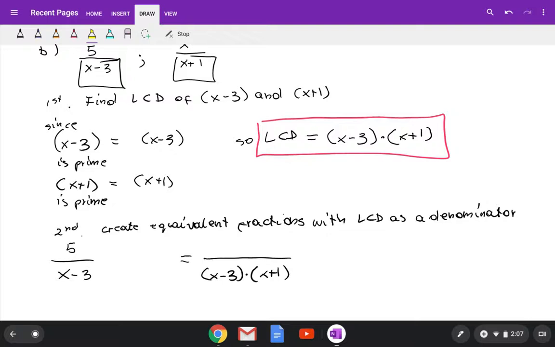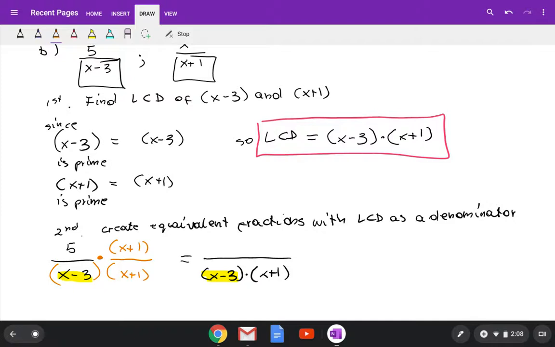Our original fraction already has x minus 3. The missing one is x plus 1. So we're going to multiply top and bottom of your original fraction by the missing factor. Okay, so we're missing x plus 1. So we're going to multiply top and bottom by the missing factor.